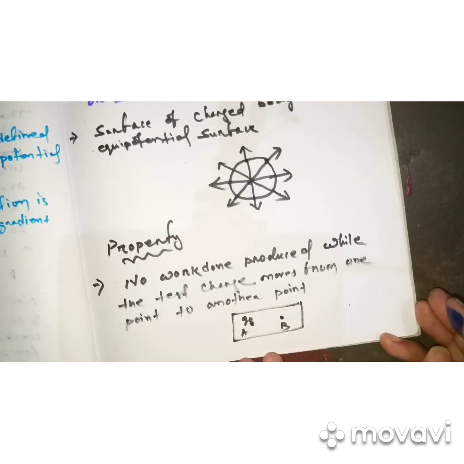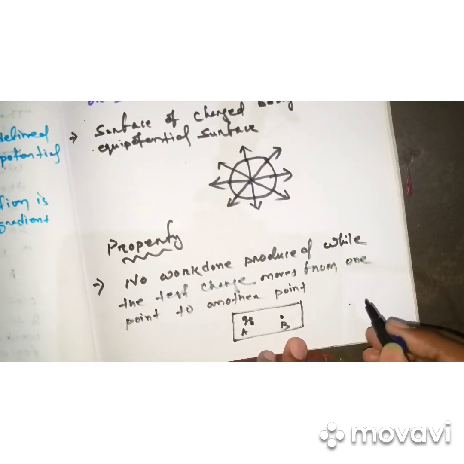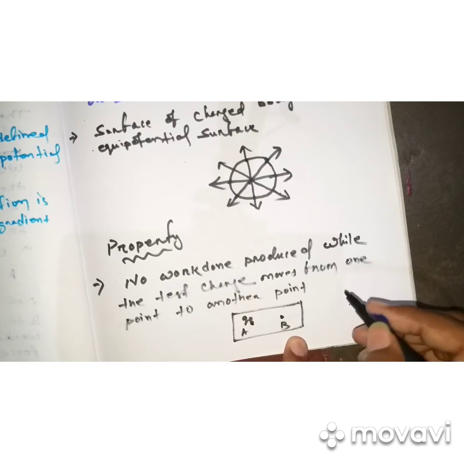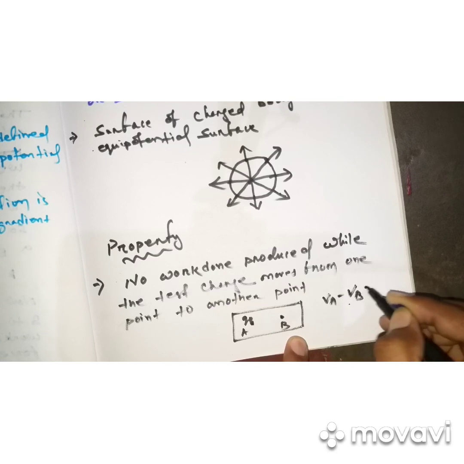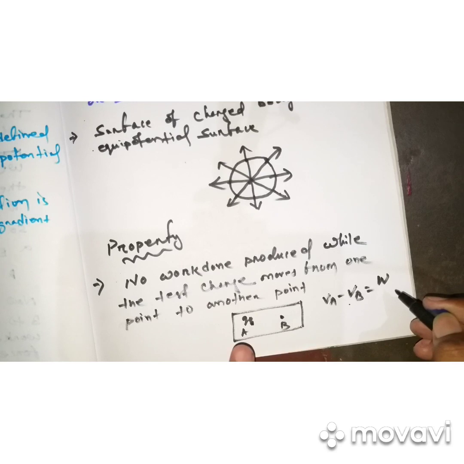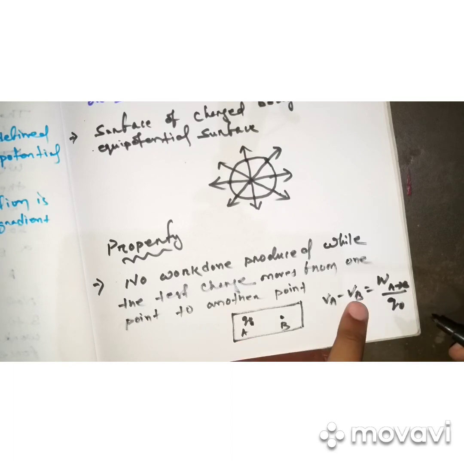Clear? We know potential difference VA minus VB equals what? Work done bringing a test charge from point A to point B by an external agent divided by q naught. So VA minus VB equals W A to B by q naught.